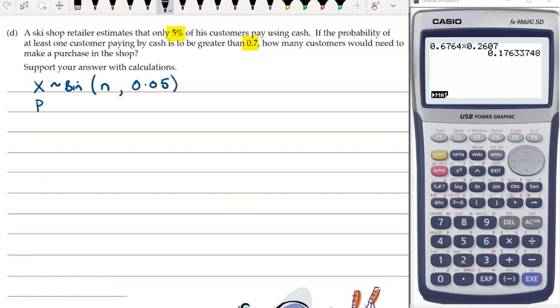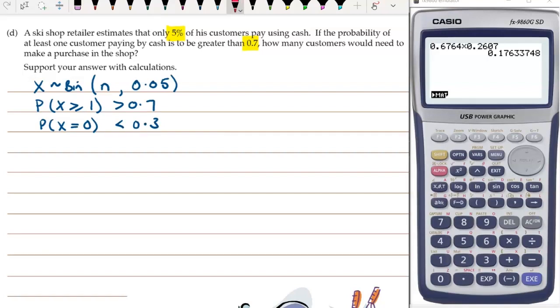We want at least one customer, so the probability x is greater than or equal to 1 paying by cash has got to be greater than 0.7. This means the probability that x is equal to 0 has got to be less than 0.3.